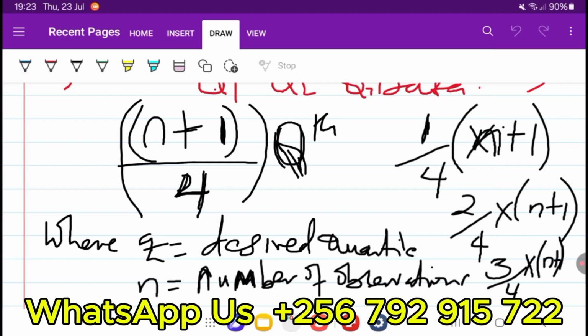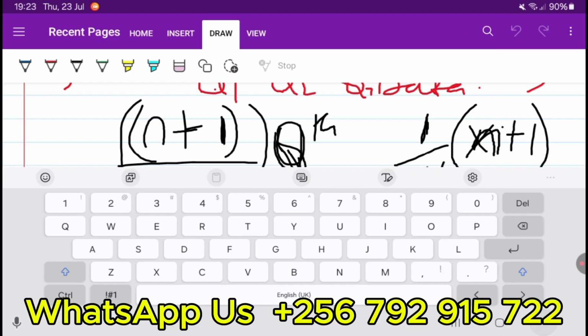So I want us maybe to elaborate more on the lower quartile and the upper quartile, specifically those two, because the middle quartile is more of the median.